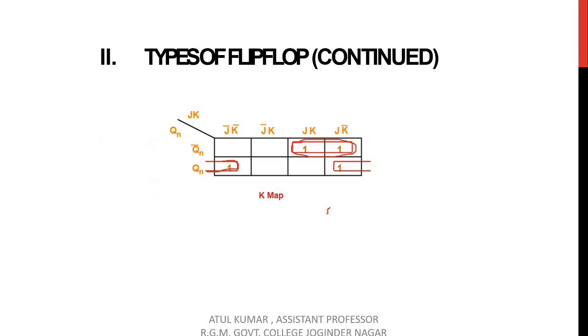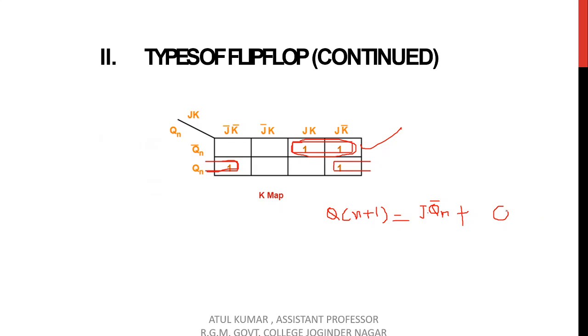So in order to write the characteristic equation, it can be written in this way: Qn+1 equal to, for the first pair, the common element here is Qn bar, so we have written Qn bar, and also in this case J K and J K bar, the common element is J, so J dot Qn bar is for this pair, plus for the second pair the common element is Qn.